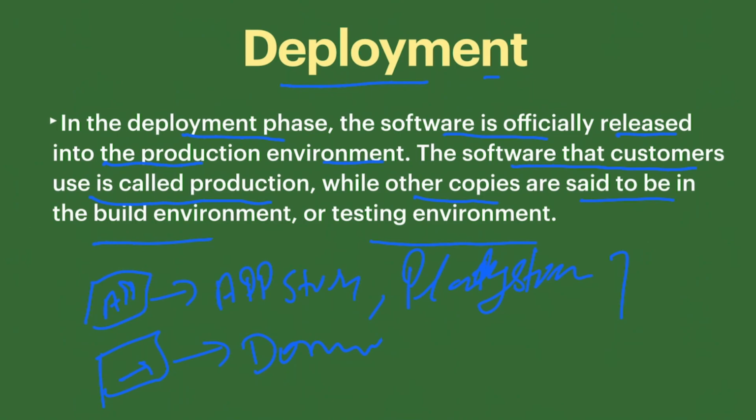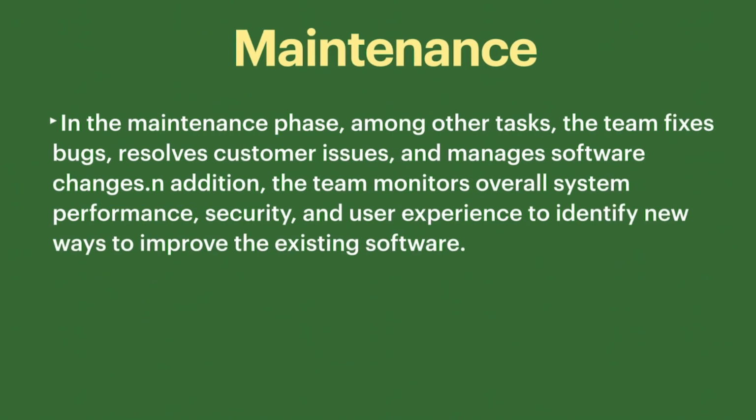After deployment of the software, the maintenance phase starts. In the maintenance phase, among other tasks, the team fixes bugs, resolves customer issues, manages software changes, and monitors overall system performance, security, and user experience to identify new ways to improve the existing software.